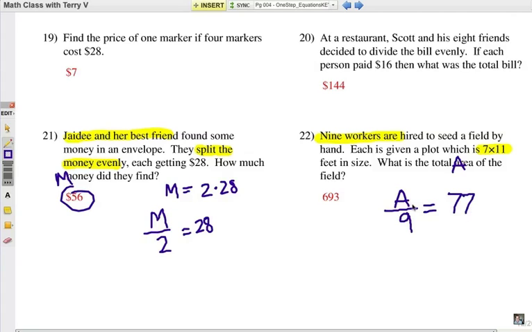So total area divided by 9 people is 77 square feet each. Okay? Or the total area here equals 9 people, and each person has 77 square feet. So whether it's a multiplication problem or showing division and then solved by multiplication, your answer is going to be 693 square feet.